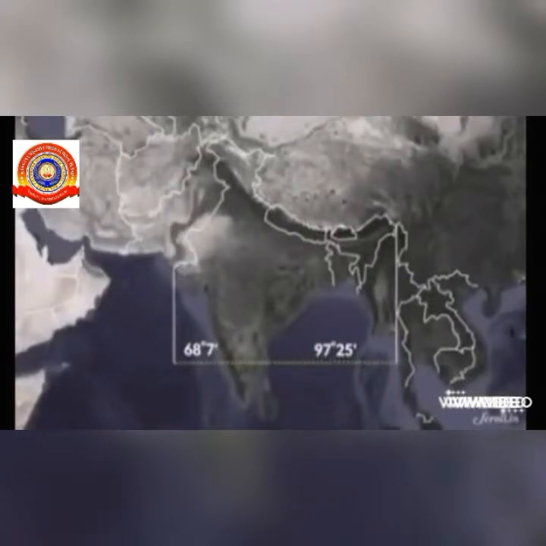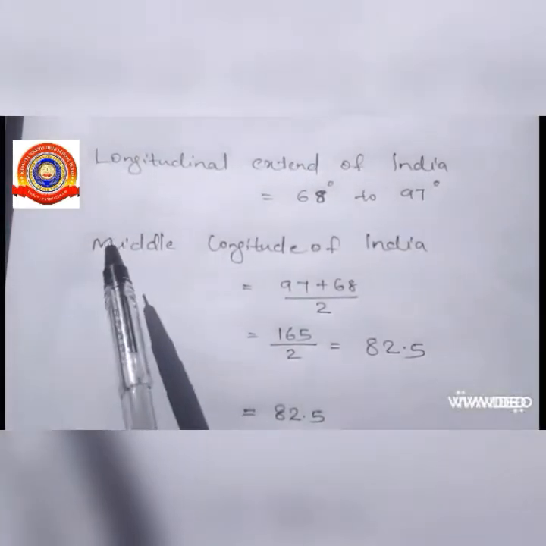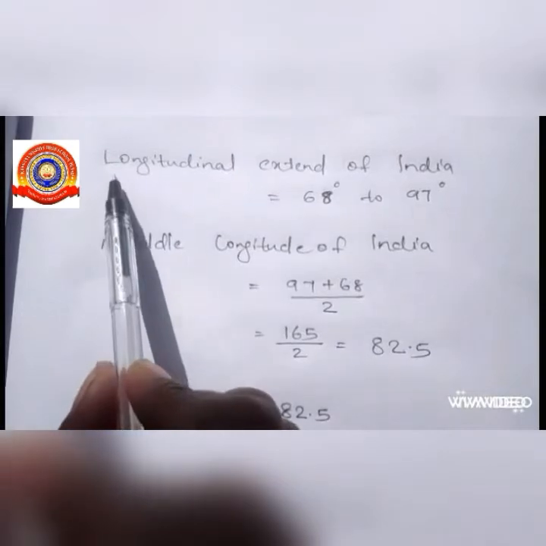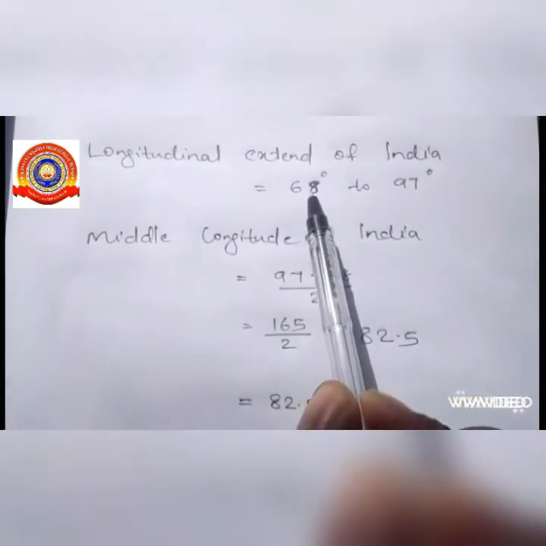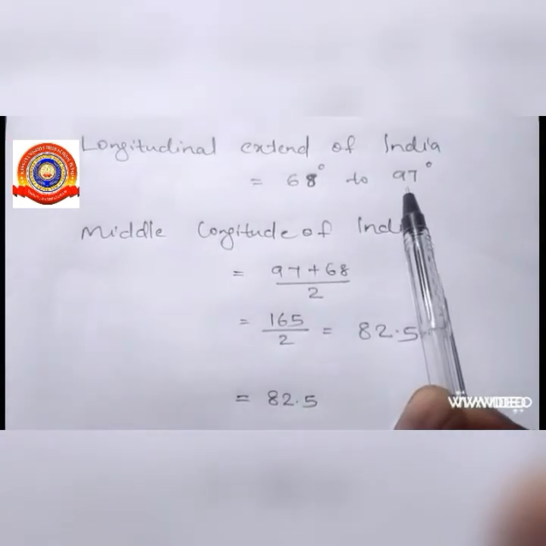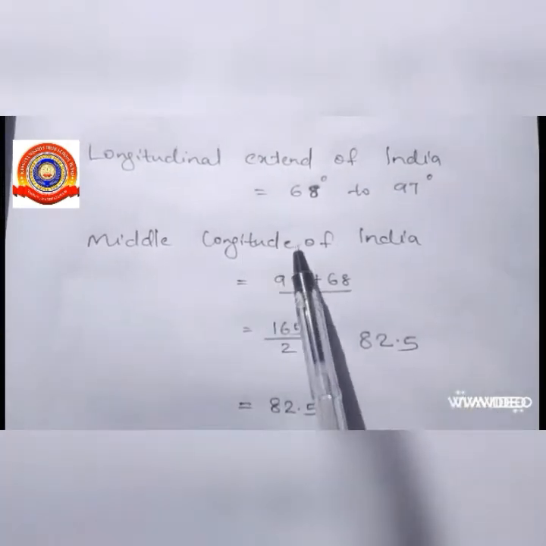That means the exact middle longitude of India is the standard meridian. How can we find the standard meridian of India? For that, we need to find the longitudinal extent of India. We know that India extends from 68° to 97°.